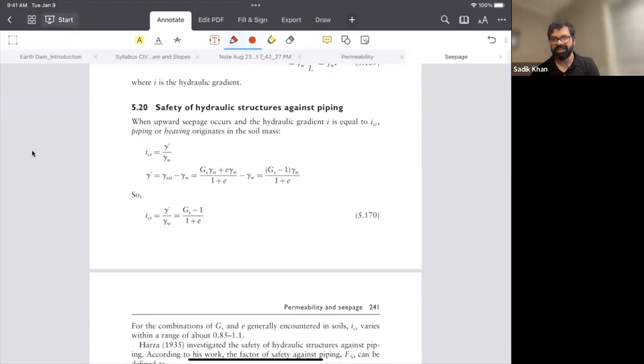So when you have overtopping, you don't see the entire soil washed out. You see partial soil washed out, and then the second section goes away, because after a certain washout, the rest of the part is not heavy enough to sustain the water pressure. So then you have the sliding failure.